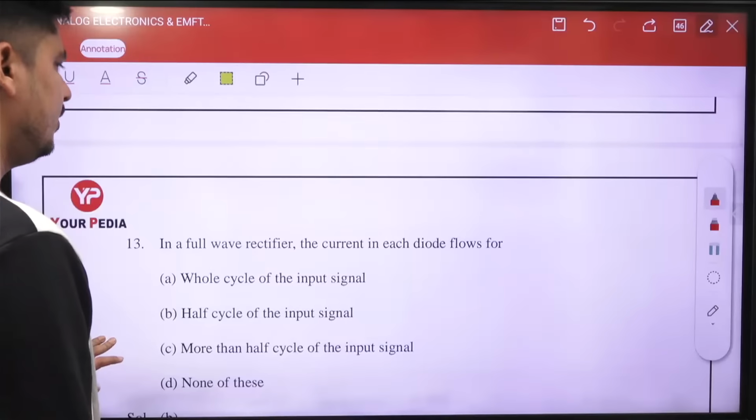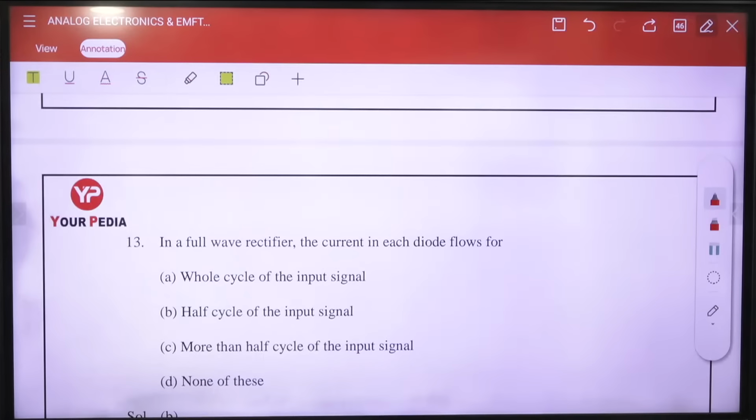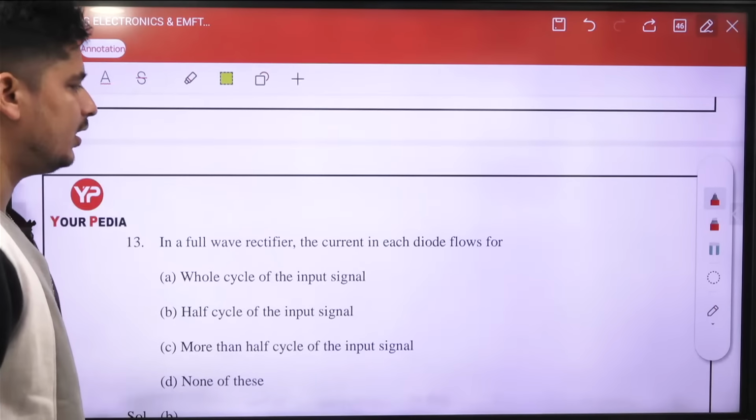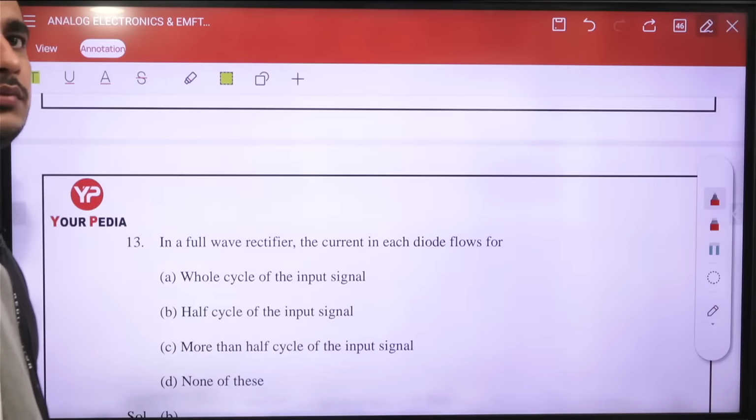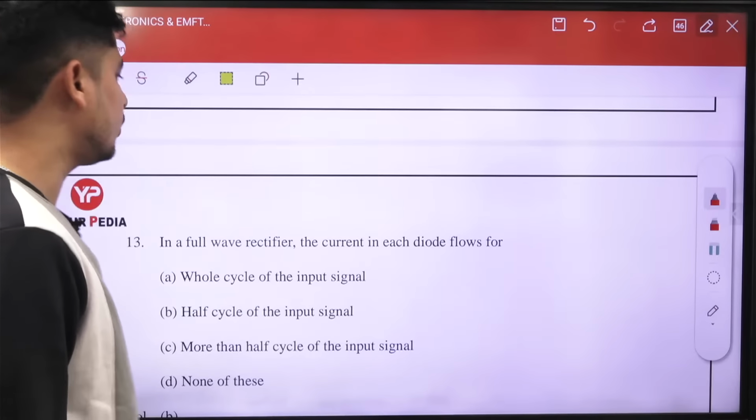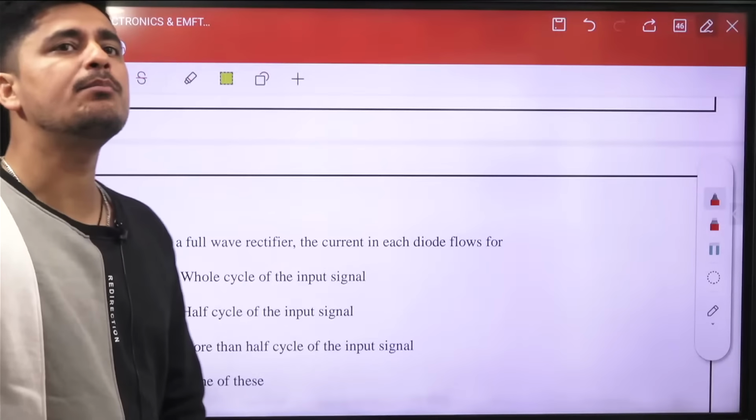In a full wave rectifier, the current in each diode flows for the whole cycle of the input signal, or half cycle of the input signal? Tell me the answer. The answer is B. Basically he is talking about each diode, not the complete circuit.